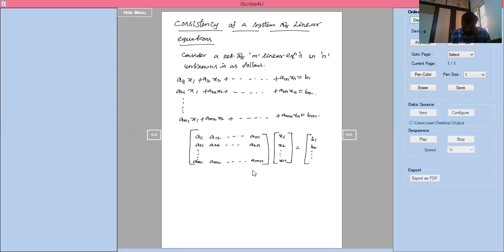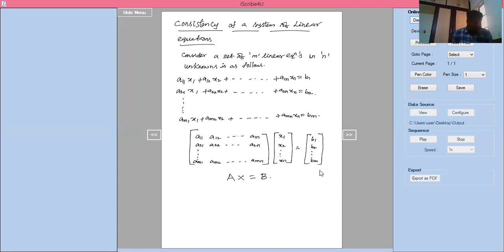Simply we will write capital A into X equal to B. Capital A is this matrix, capital X is x1, x2 and so on xn, and capital B is b1, b2 and so on bm.